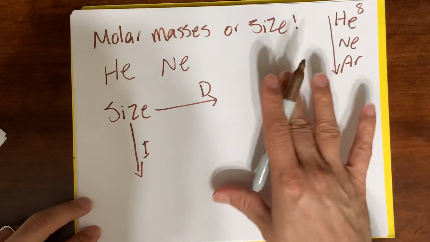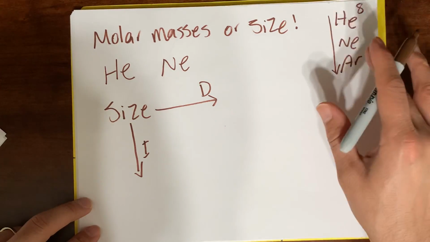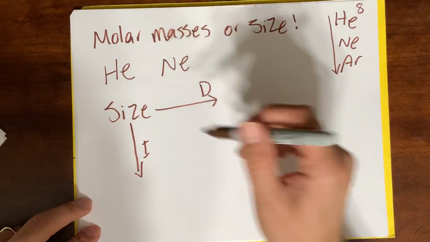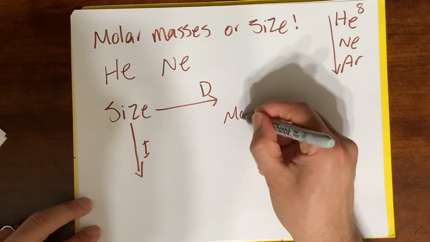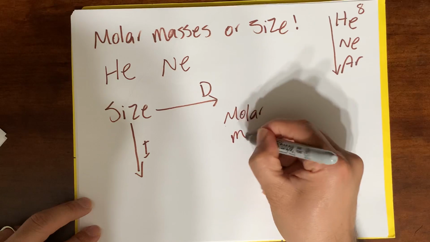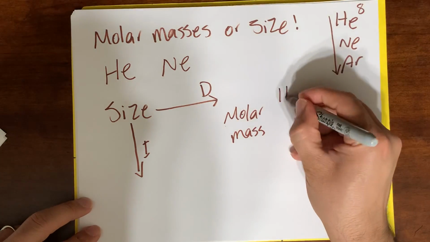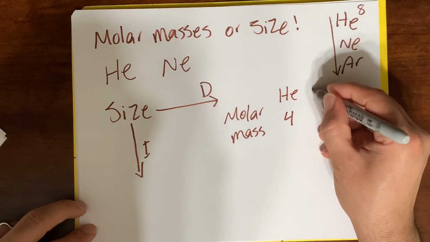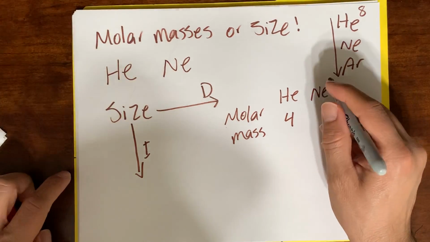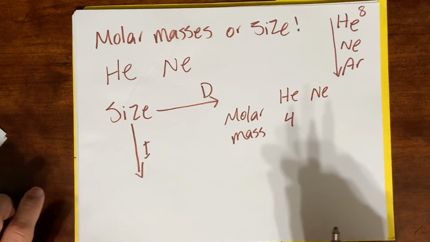You don't know the trend for the size, that's fine. We can focus on the molar masses. Molar mass of helium is around 4. Molar mass of neon, I believe it's 20, but let me double check this one.